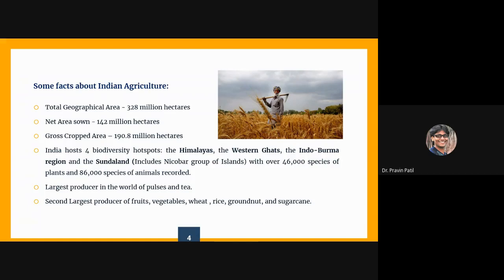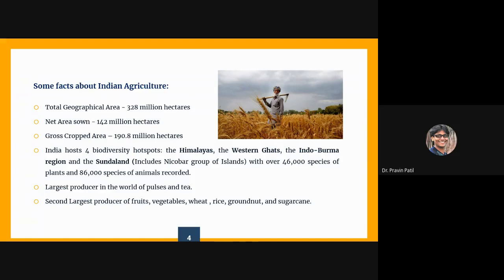The gross cropped area is about 190 million hectares. India also hosts four biodiversity hotspots, including the Himalayas, Western Ghats, Indo-Burma region, and Sundaland. All these hotspots are popular for comprising more than 46,000 species of plants and 86,000 species of animals. So you can see that India is highly enriched with biodiversity.